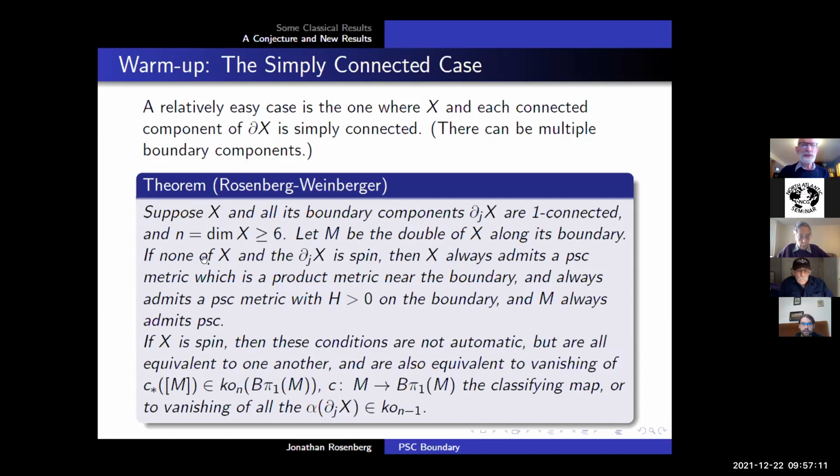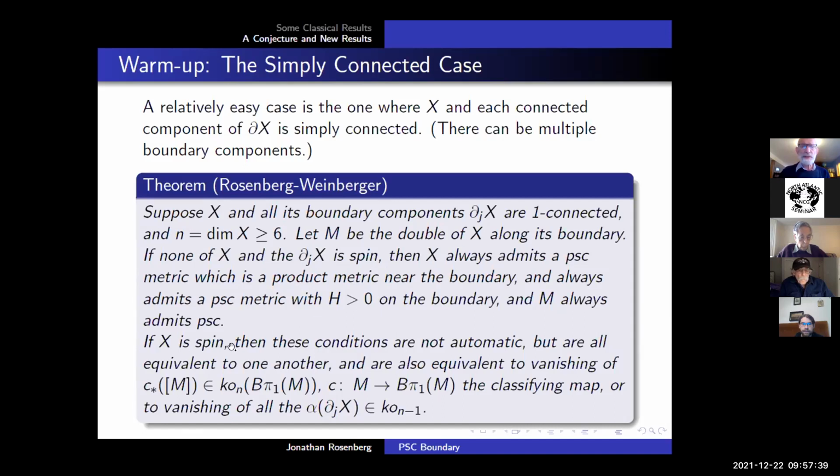Now, the first statement is that if none of X and the boundary components are spin, then X always admits a positive scalar curvature metric, which is a product metric near the boundary. And also, it always admits a positive scalar curvature metric with positive mean curvature on the boundary. And the double always admits positive scalar curvature. So all of those statements are true.